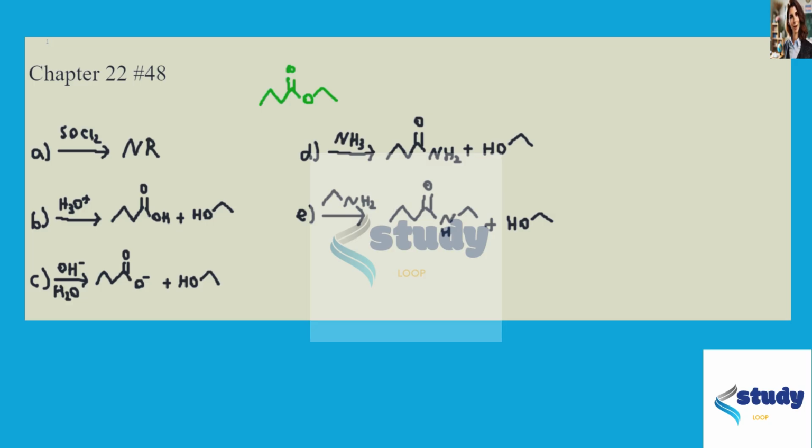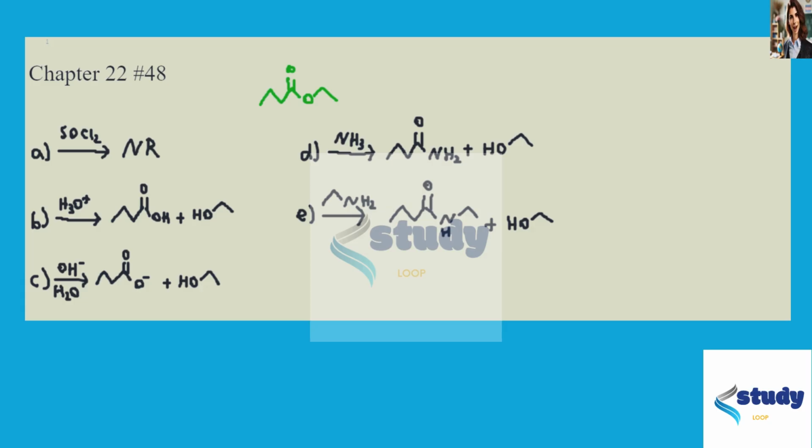A tetrahedral intermediate will form, and then the ethoxide will depart. That gives us butanoic acid and ethanol.